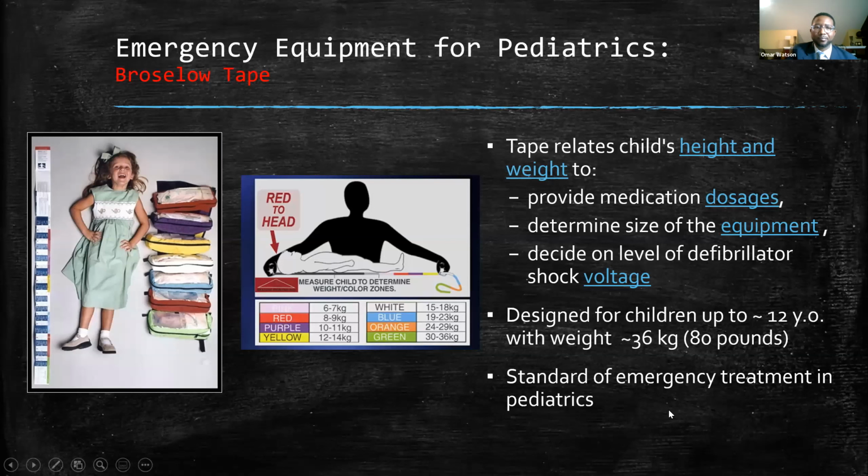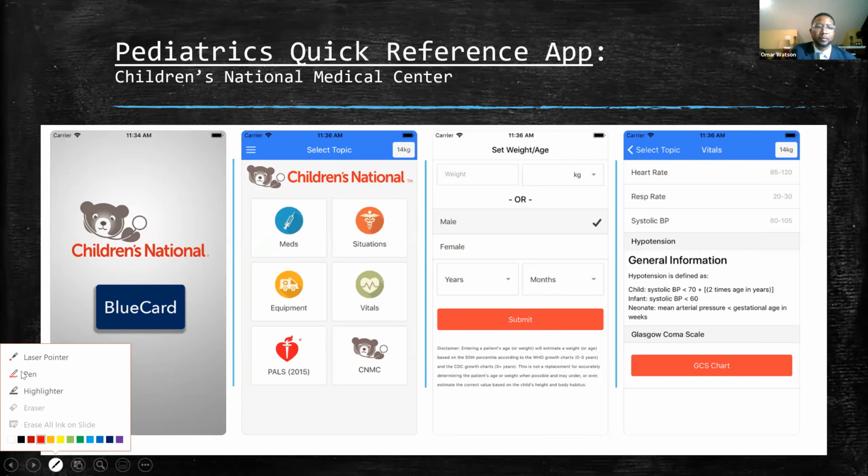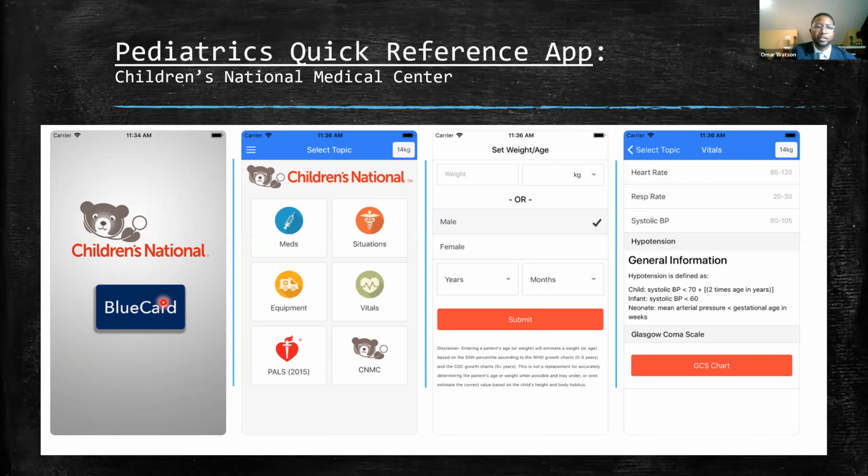It's not necessarily an archaic method, it's the standard, but nowadays you have apps that can do the same thing. This is an app that I use. It's a pediatric quick reference app sponsored by the Children's National Medical Center. The first page looks like this, the Children's National Blue Card.